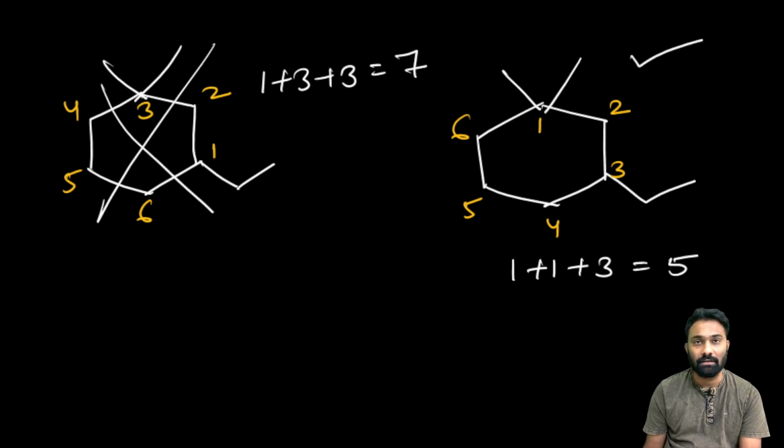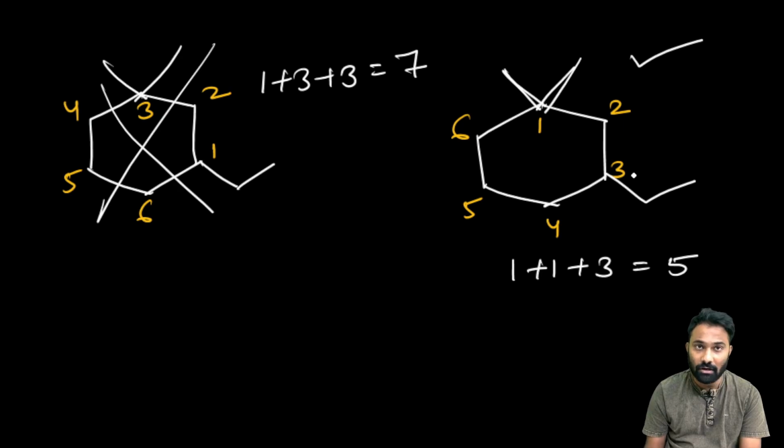Clear? When a trisubstituent compound is given, even though you are seeing alphabetical order, if the alphabetical order is getting the lowest sum, then it is okay. But if it is not getting it, then you have to see the one which will give the lowest locant sum only. Clear?